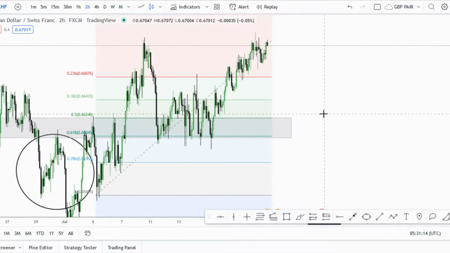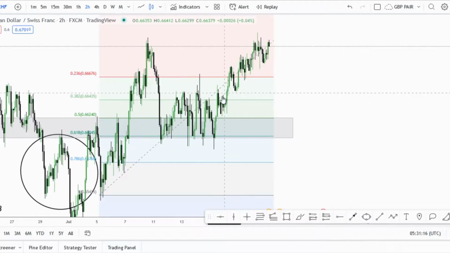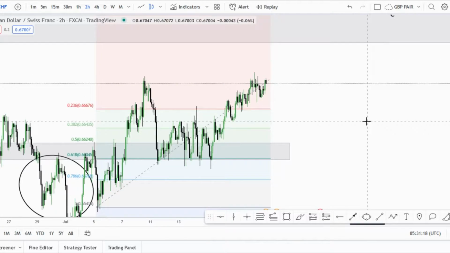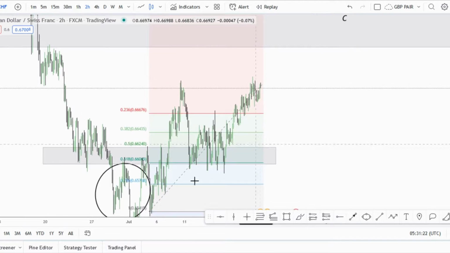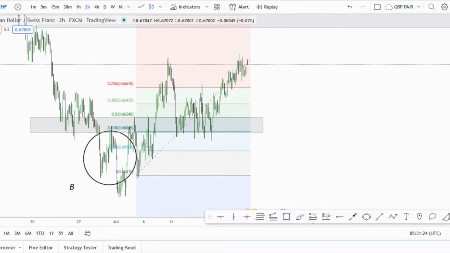Let me give you a little hint on how I took this trade. I was expecting price to move from point B to point C.